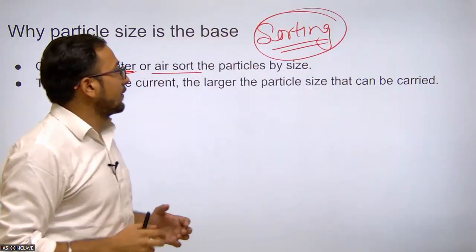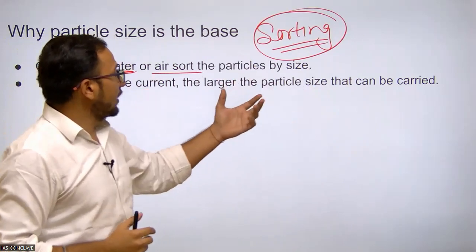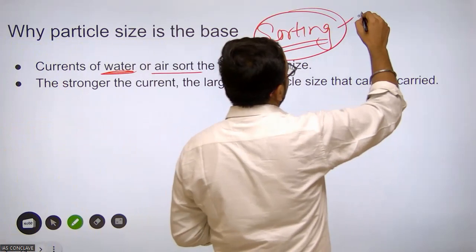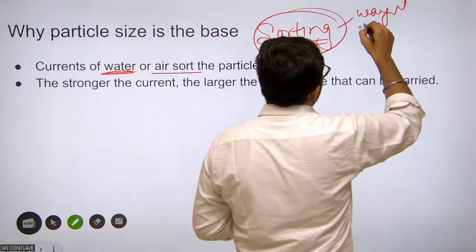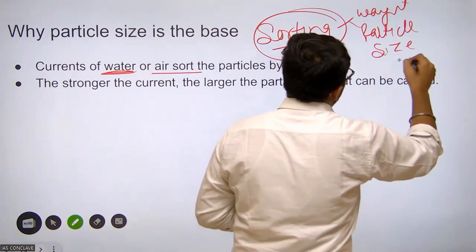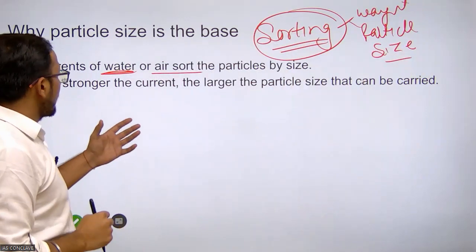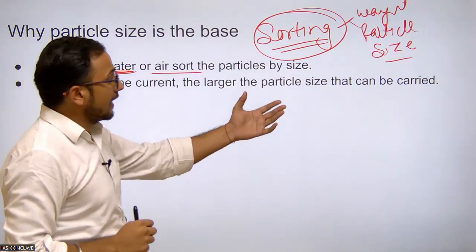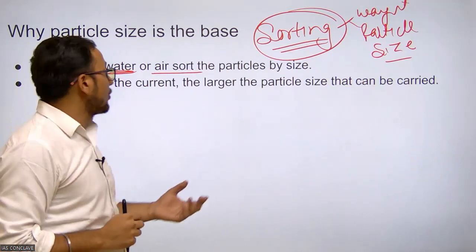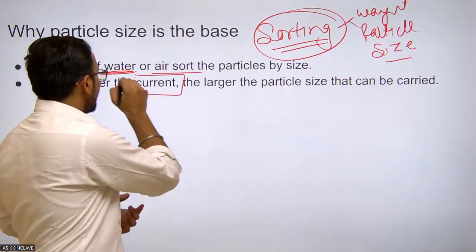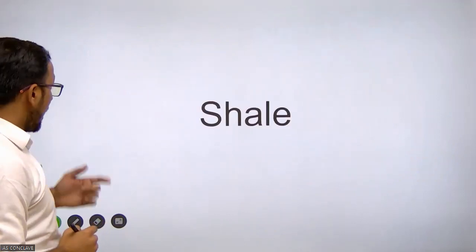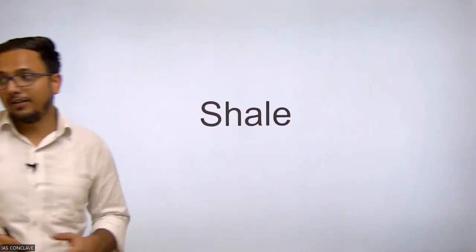Sorting means nothing but arranging or separating things. So they can be sorted according to weight or particle size. The stronger the currents, the larger the particle size that can be carried. So it completely and absolutely depends upon the current power. Now we will look at the shale.